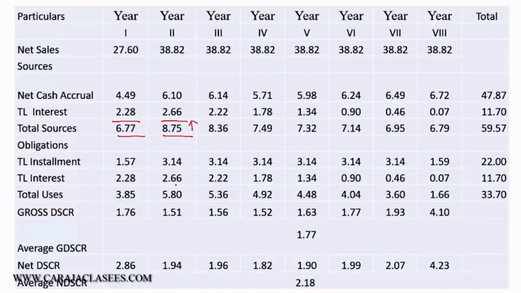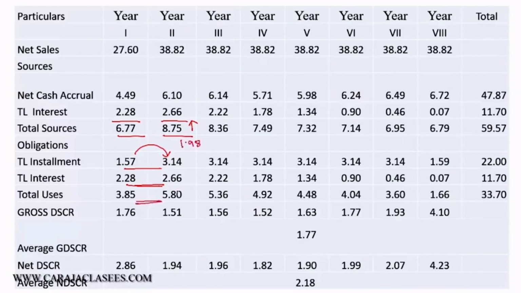But on the other side, look at the term loan installment. It got doubled. Okay. Term loan interest also increased. So the increase from loan, that is 8.75 minus 6.77, the increase is only 1.98 crore.